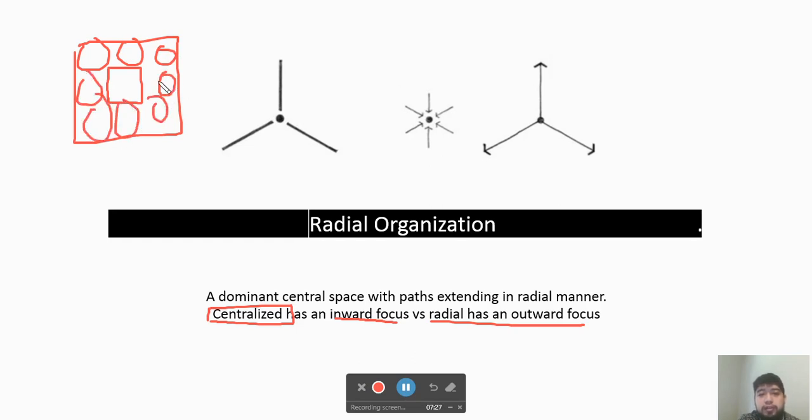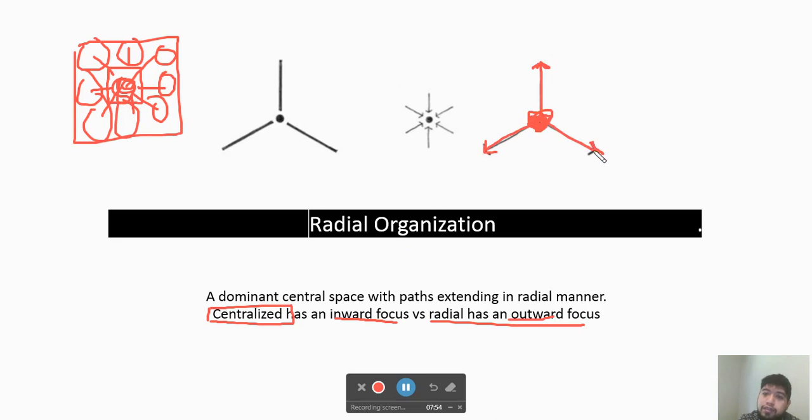So what that means, and this is basically what it's saying, is that everything is sort of trying to come back to this. It's trying to connect to this because this is the main thing, right? But with radial organization as an outward focus, everything starts from here and everything goes out.